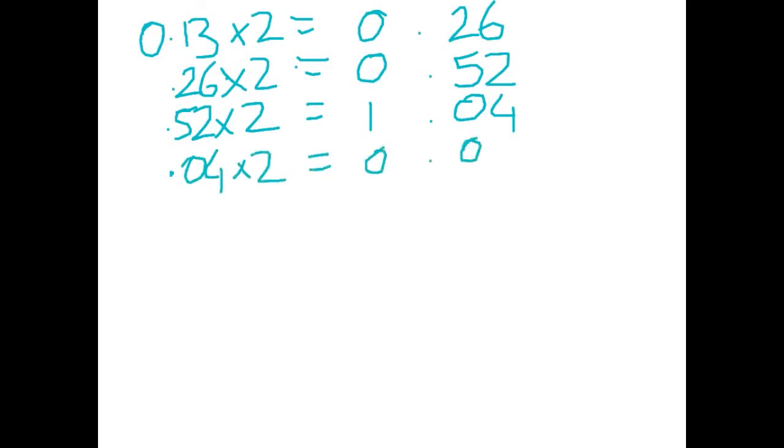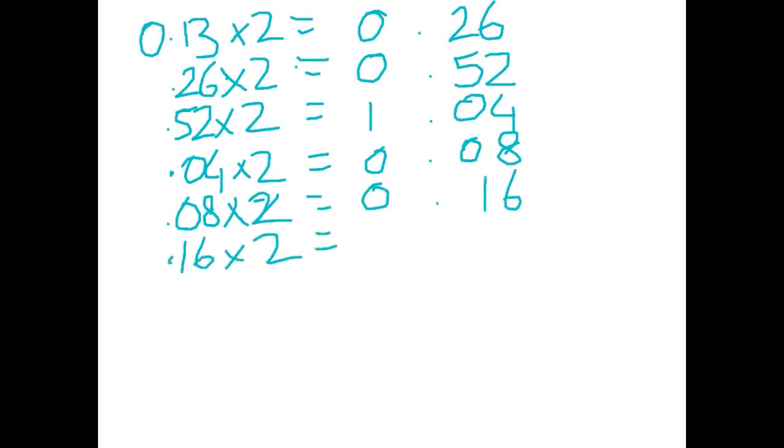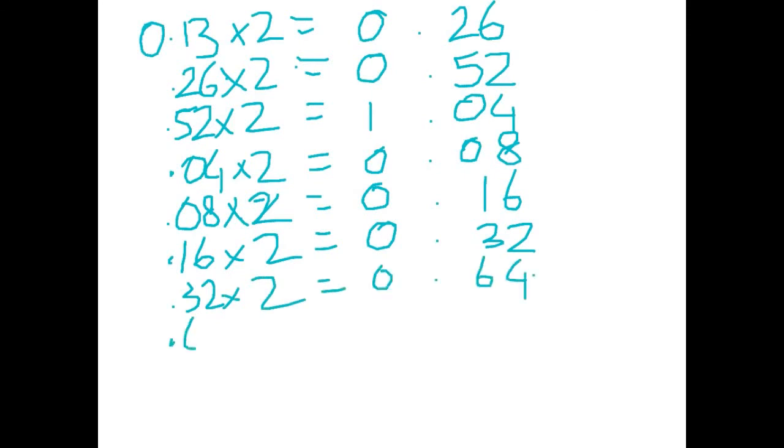I take my 0.8 and I multiply it by 2, and I get 0.16. My 0.16 times 2 is equal to 0.32. 0.32 times 2 is equal to 0.64. 0.64 times 2 is equal to 1.28, and we might stop there.